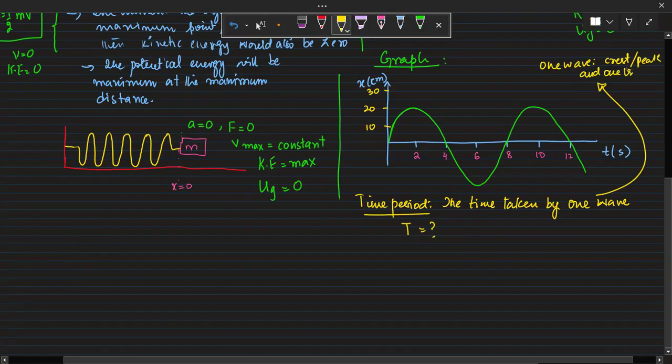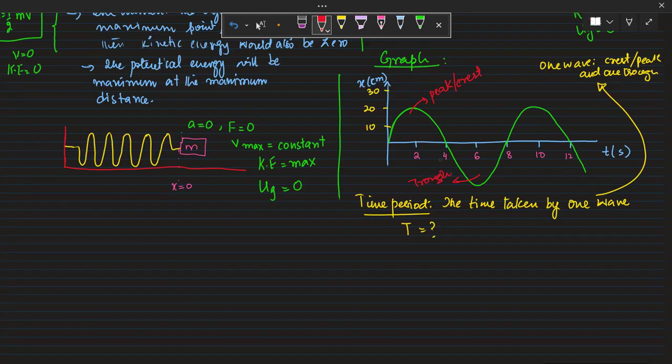So this part is known as the peak or crest, and this part is known as the trough.